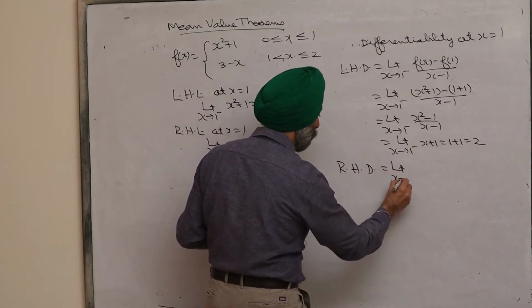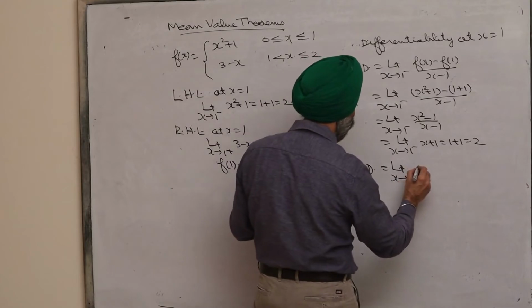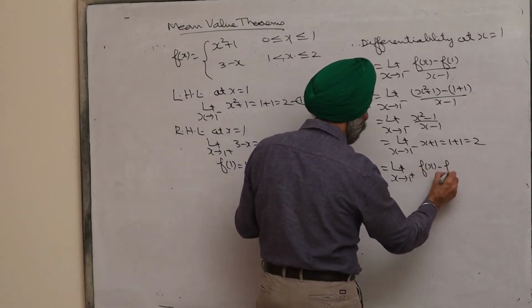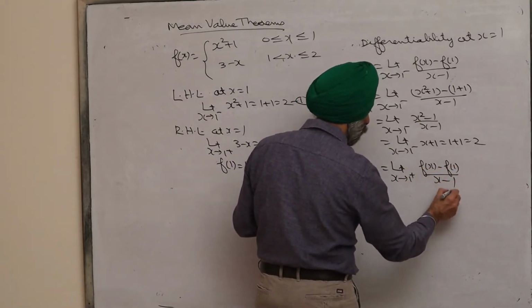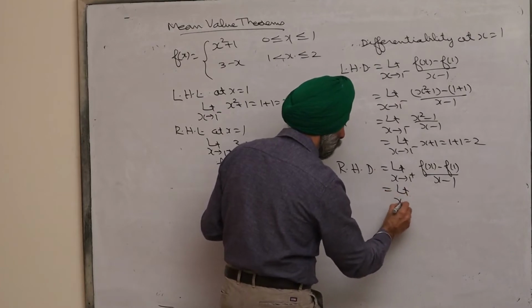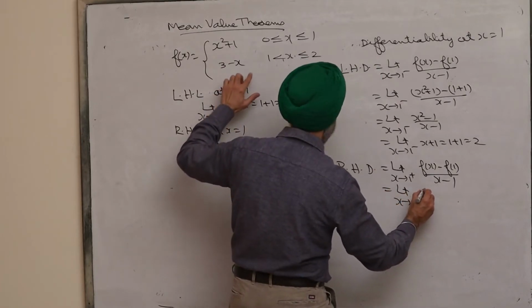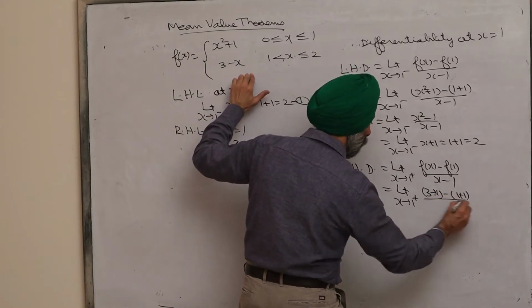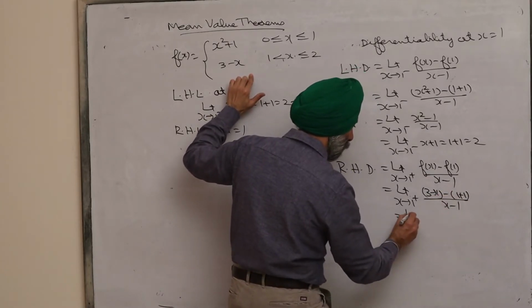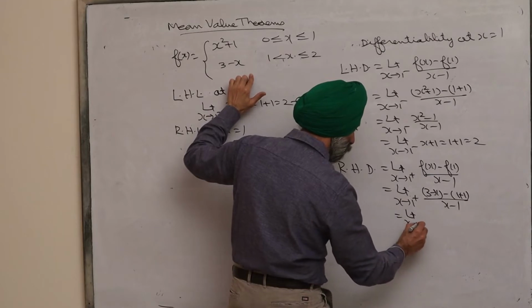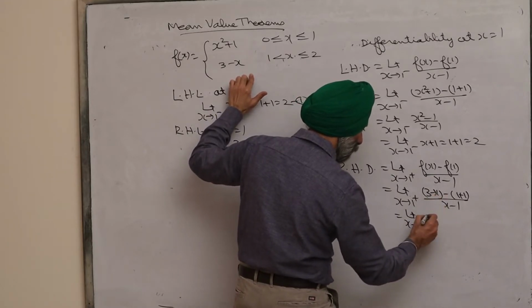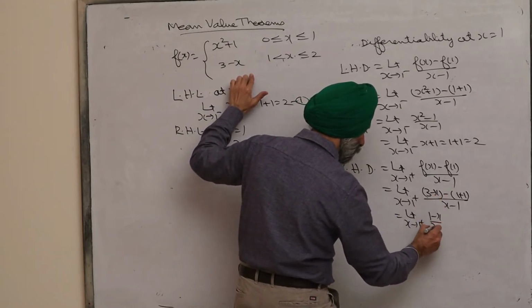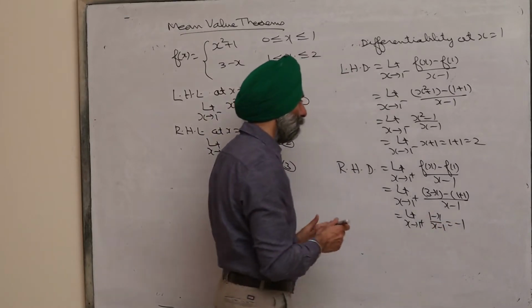The right hand derivative is the limit as x approaches 1 from the positive side of (f(x) − f(1)) over (x − 1). This is the limit as x approaches 1 positive of (3 − x − 1 + 1) upon (x − 1). So it is the limit as x approaches 1 positive of (3 − 2 is 1, minus x) over (x − 1), which is −1.